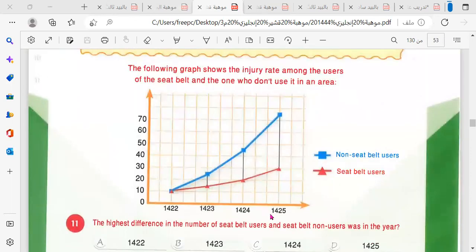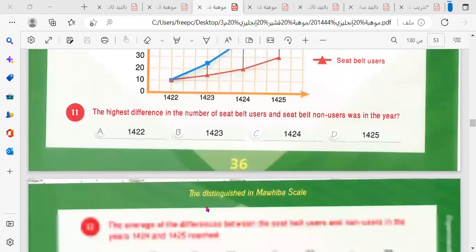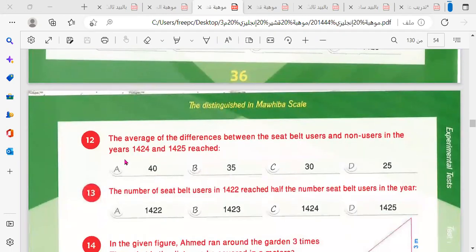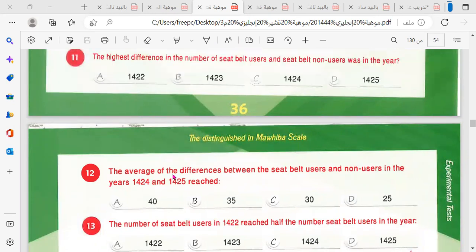He asked me non-users. The average, that's non-users. If the year, they want both years, both of them. So between the seat belt users and non-users will be what? Yes, B. Right. So the answer is 35.